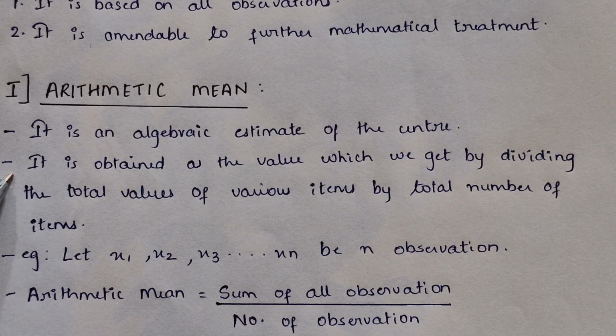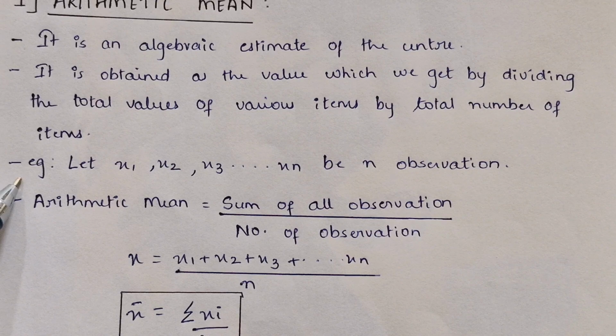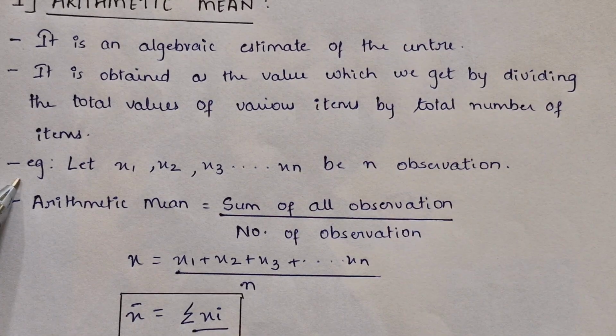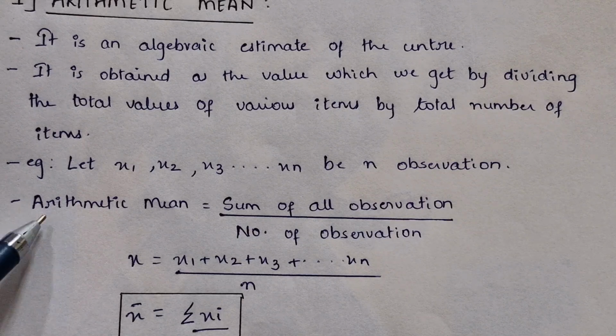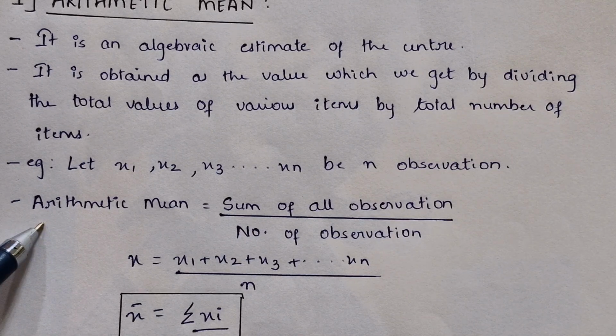It is obtained as the value which we get by dividing the total of the values of various items by the total number of the items. For example, let x1, x2, x3 till xn be the observations. Arithmetic mean is equal to the sum of all the observations divided by the number of observations.